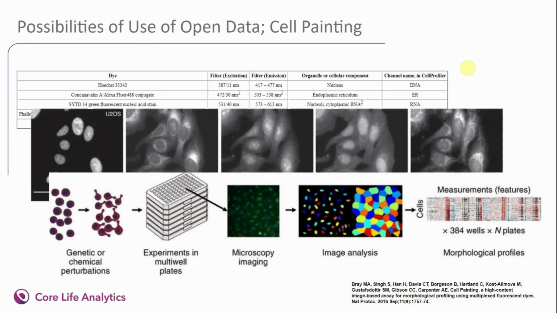And then the idea is that if you build up a kind of a library of these profiles, maybe that would be useful for comparing and clustering with new chemicals or hits from new screens. And possibly you could compare between different experiments. And so this really would make open data from high content experiments extremely useful.